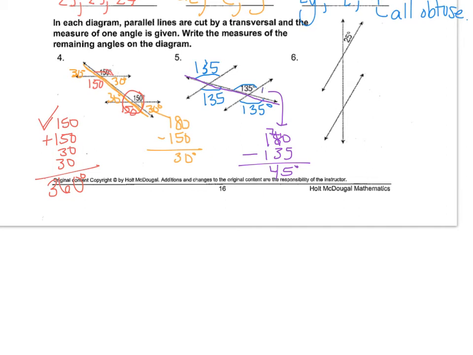So 45 and all of my missing spots. This one's vertical, and then this intersection is exactly like the other. Those two are vertical. Could I check it again? Sure, I should make sure it adds up to 360 degrees.